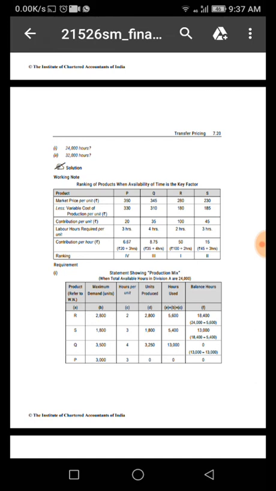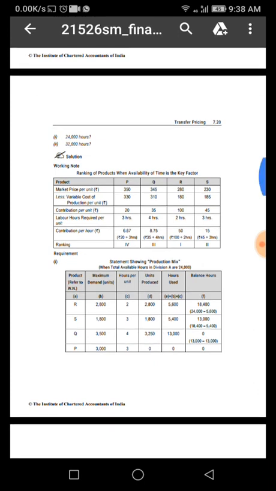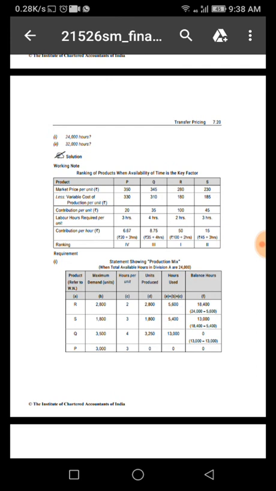So that's why I will take 13,000 here. Okay, so 13,000 divided by 4, you will get 3,250 units. So that's why it's written here 3,250 units.